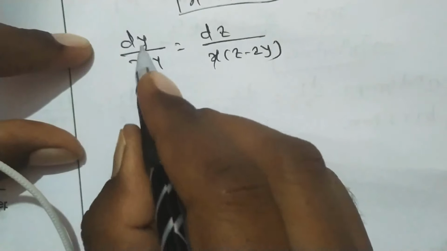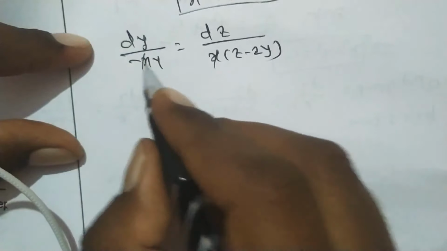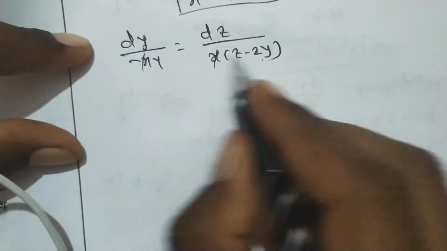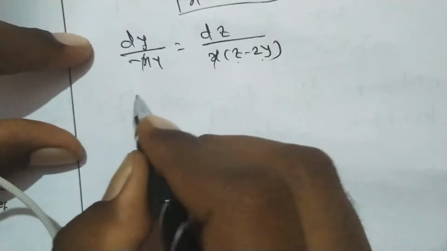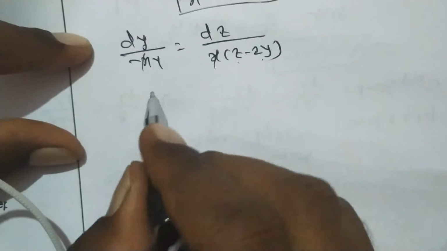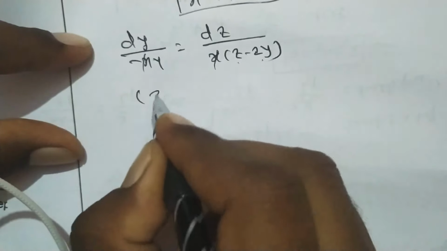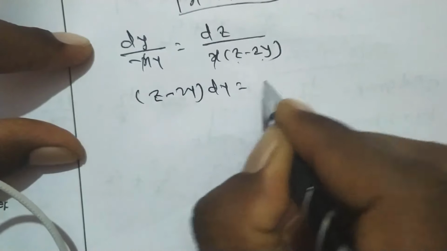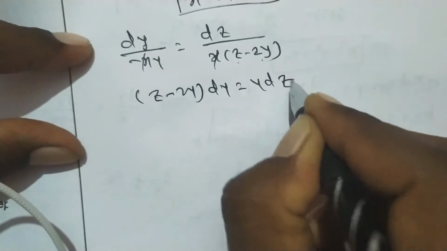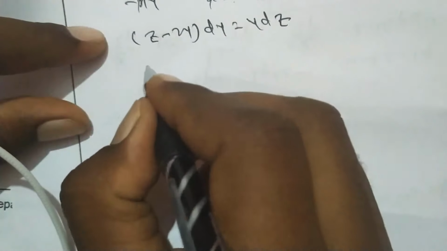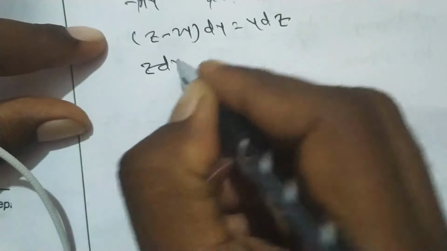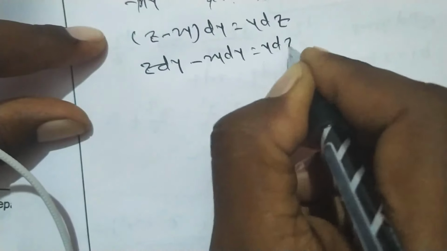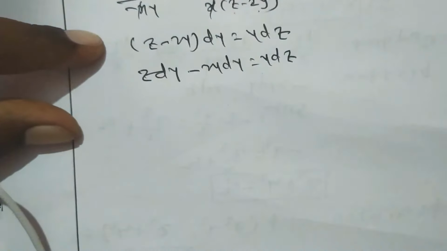Here in the LHS all terms are of y, but in the RHS there is a mixing term, z minus 2y. So for solving this problem you have to take the cross product again because the variables do not separate directly. If we take the cross product of both sides, then we get z minus 2y into dy is equal to y into dz. Okay, so this can be written as z dy minus 2y dy is equal to y dz. Now how do we solve this differential equation?